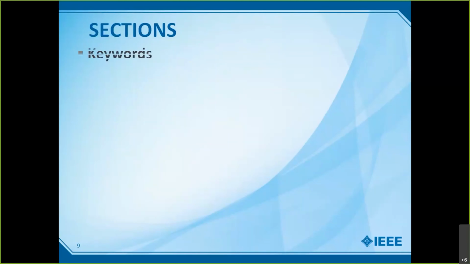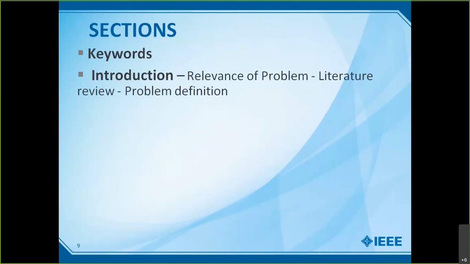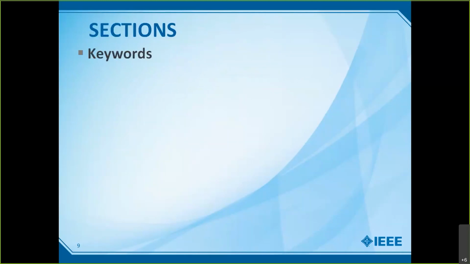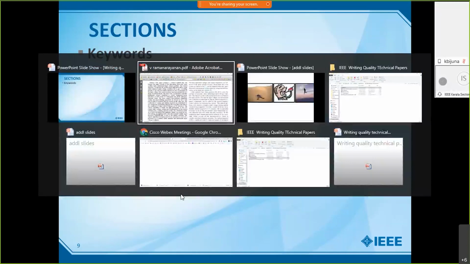Next come the keywords. Keywords are important. Usually when you search for a paper, the search is done using the title, the abstract, and the index terms. These index terms are the keywords I meant.